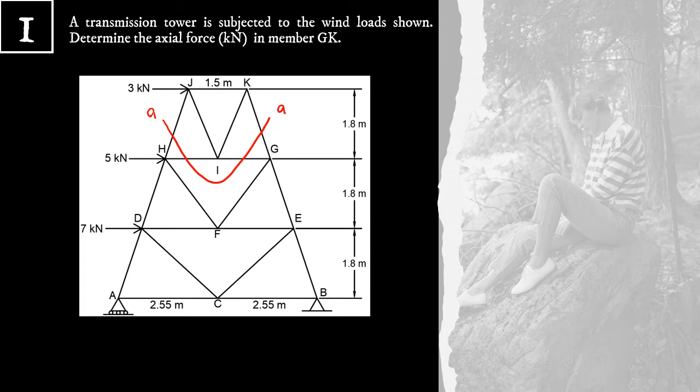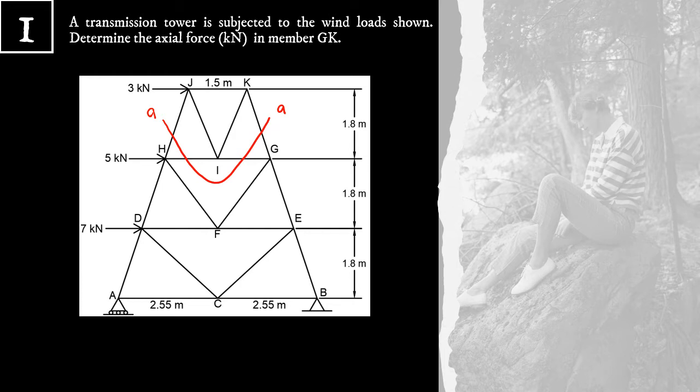We may consider either the section above or below plane AA. Since the section above is simpler than below, we're going to consider the section above plane AA. We reveal the forces in the cut members and assume them to be in tension.